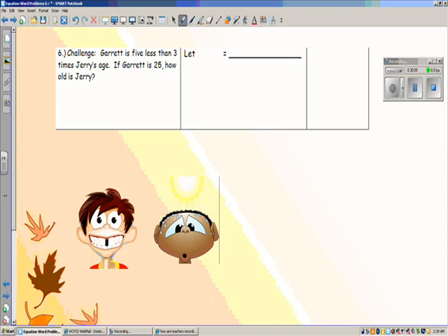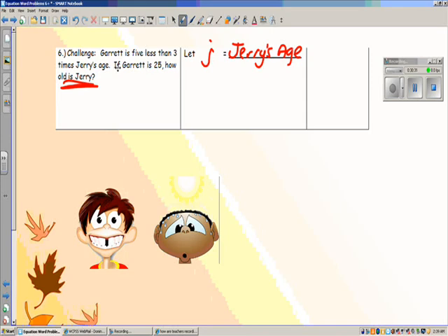Let's start by defining our variable. We need to know how old is Jerry. So I'm going to use J to represent Jerry's age. Alright, so this says that Garrett is 5 less than 3 times Jerry's age.